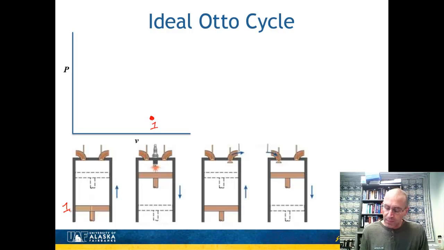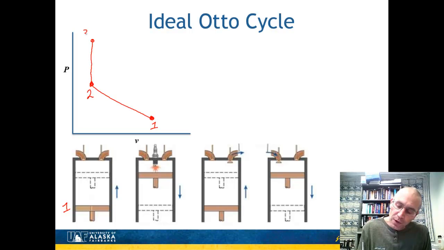Then the first step is compression, and so the piston goes upward as it's drawn on the diagram here to a smaller volume, and the pressure increases. On a PV diagram, we would go up and to the left, and there would be point 2. Then the spark ignites a fuel mixture, which causes the temperature to increase very dramatically, and we go up to point 3, where we're at the same volume but at a higher pressure.